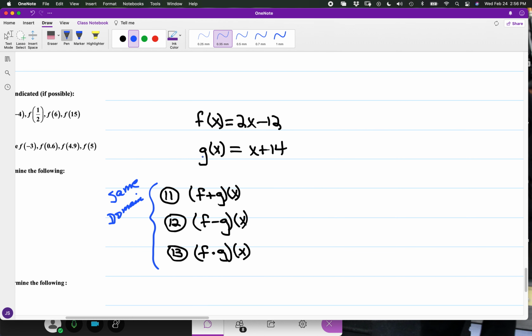Now, looking at the outputs specifically, for f plus g of x, we're looking at the sum of f of x and g of x. Again, f of x is 2x minus 12, and g of x is x plus 14.